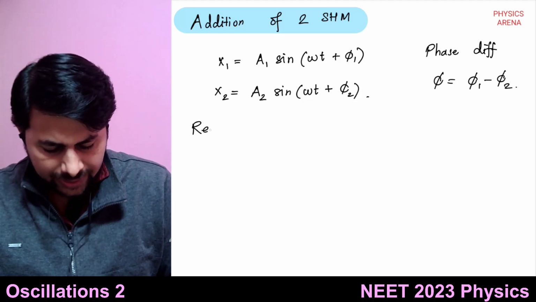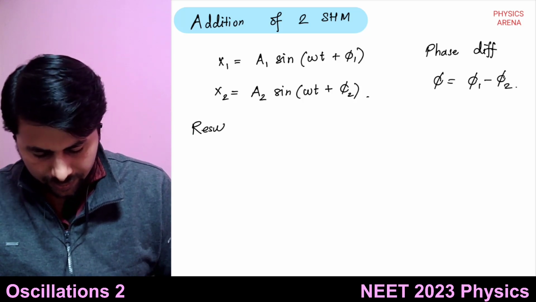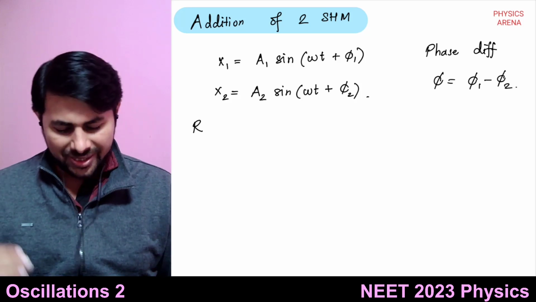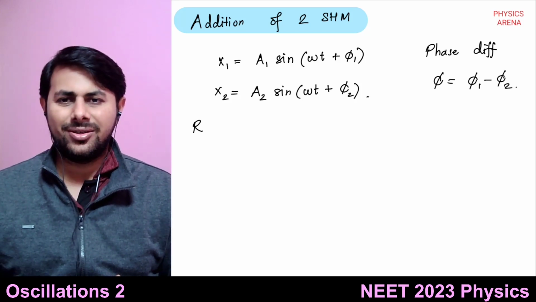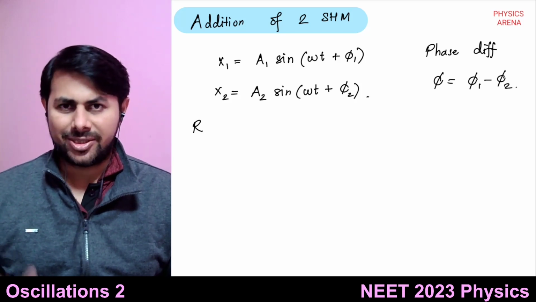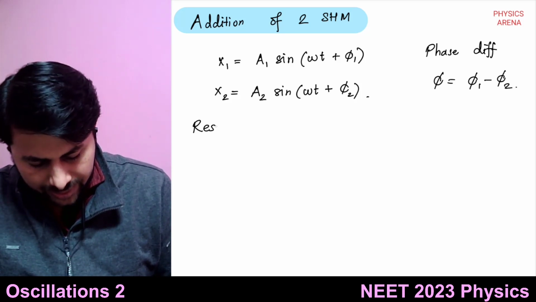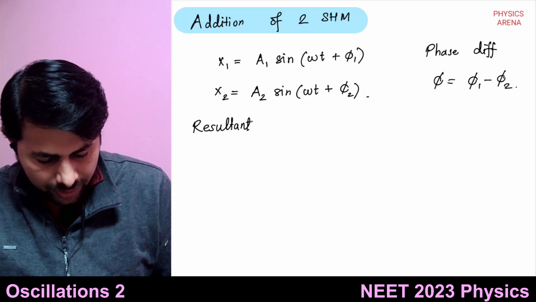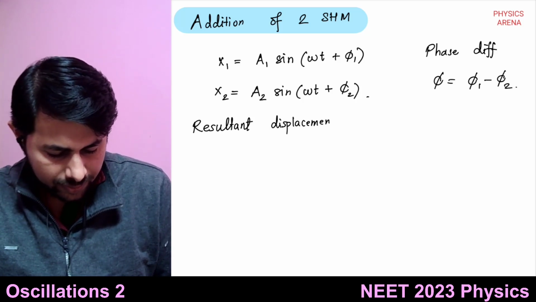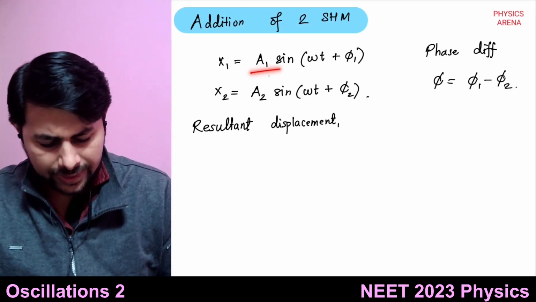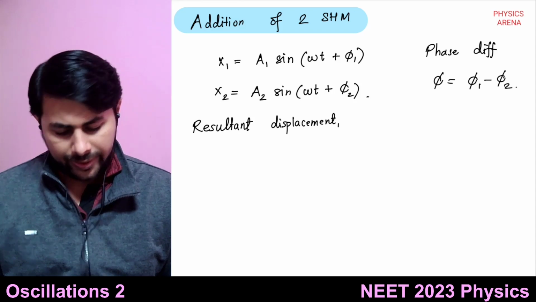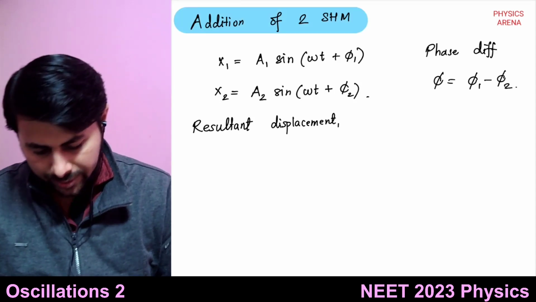So the resultant SHM, or we don't know whether it is SHM or not. Okay, so let's find out the resultant displacement first, due to these two SHMs which are happening in the same direction, let's say the x direction.